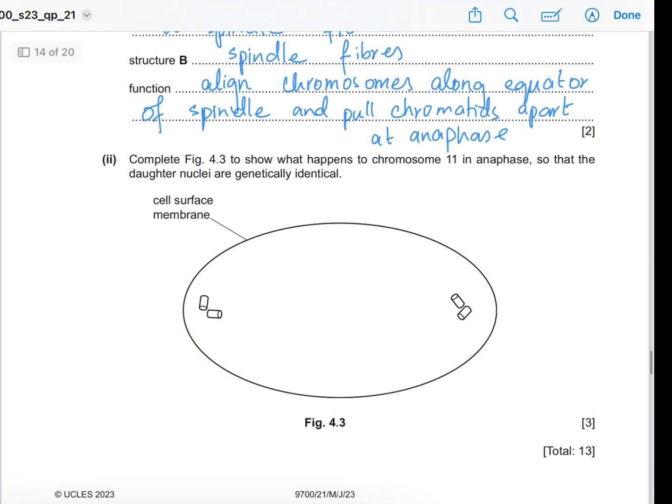Part 2, complete figure 4.3 to show what happens to chromosome 11 in anaphase so that the daughter nuclei are genetically identical.